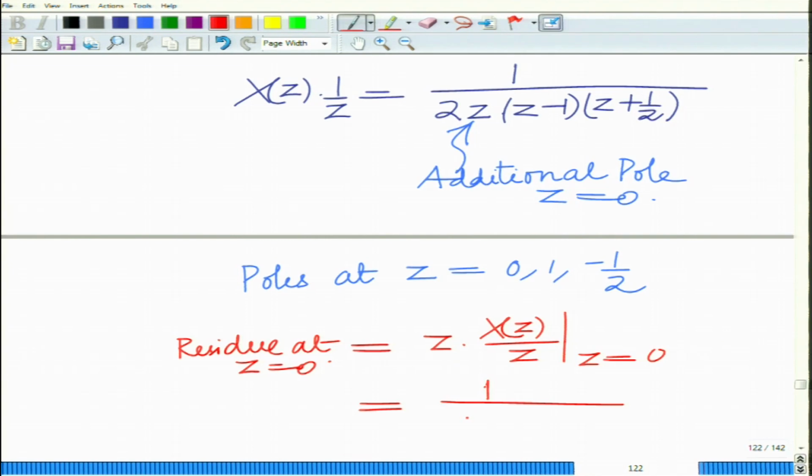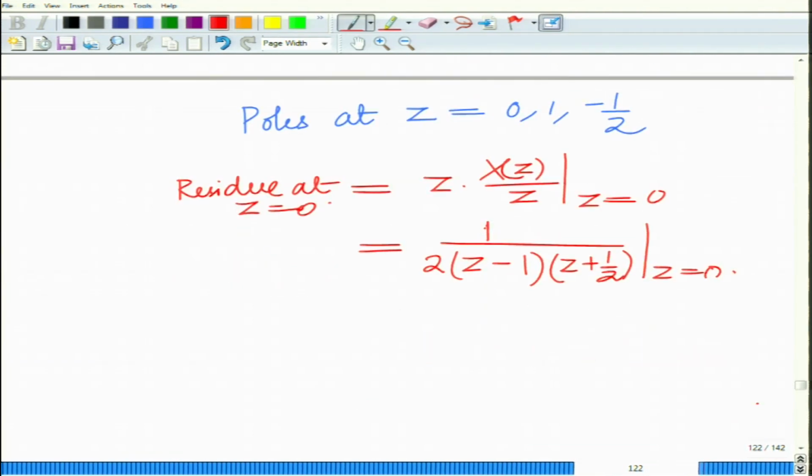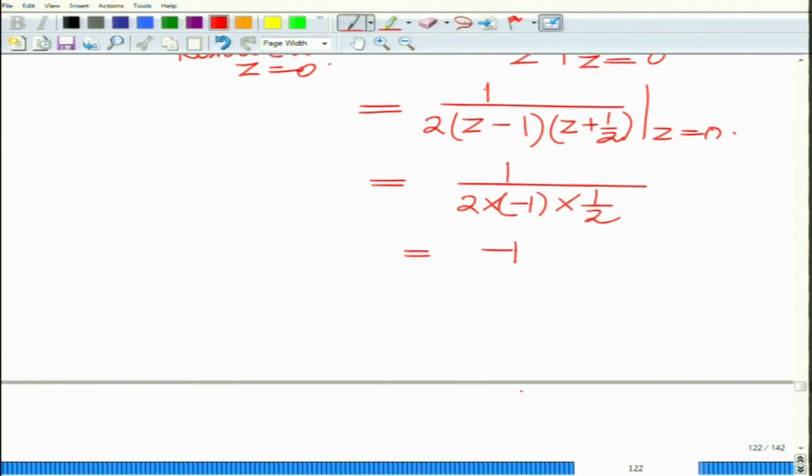This is basically 1 over twice (z minus 1) into (z plus half), evaluated at z equal to 0. So, this is 1 over twice minus 1 into half, which equals minus 1. So, this is basically your minus 1.